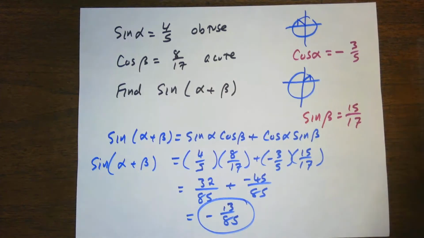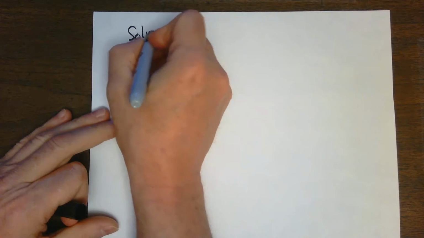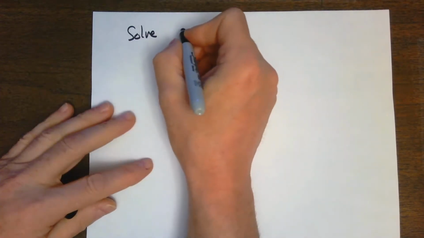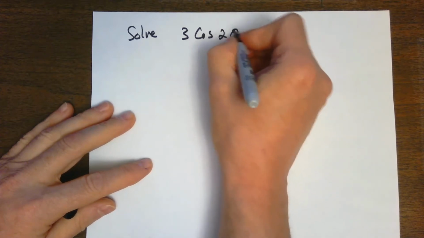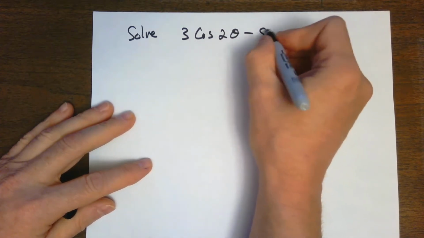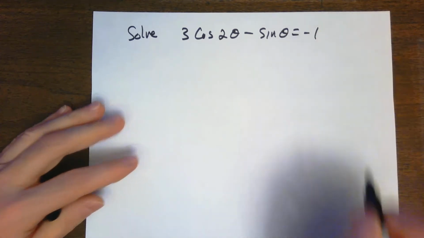All right, let's look at another problem here, a little bit more involved, solving, a little bit harder. I want to solve the equation 3 times the cosine of 2 theta minus the sine of theta equals negative 1.